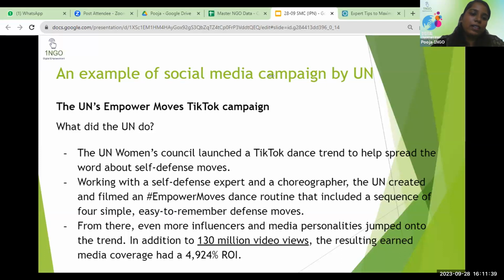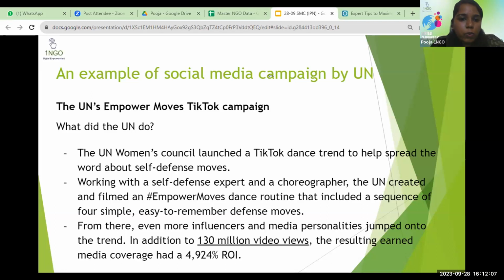So to brief you, the UN actually used TikTok to launch a campaign. Why did they use it? They wanted to spread the word about self-defense moves. Previously, women's safety took up more of the conversation than ever, so UN Women wanted to come up with a way for girls to feel safe again.